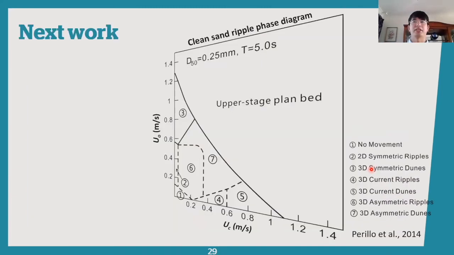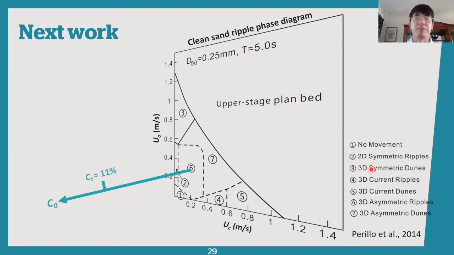And for the next, this is the clean sand ripples phase diagram from Perillo et al. 2014, showing the different clay and clean sand bedforms. For the next generation ripples phase diagram, we want to introduce a third axis to show how the initial clay affects the ripples.